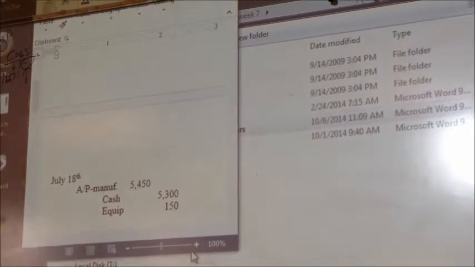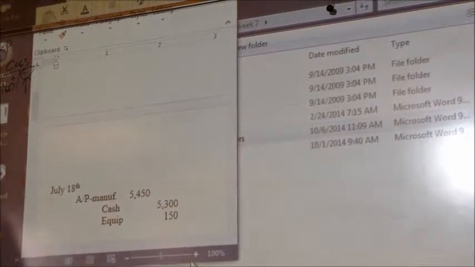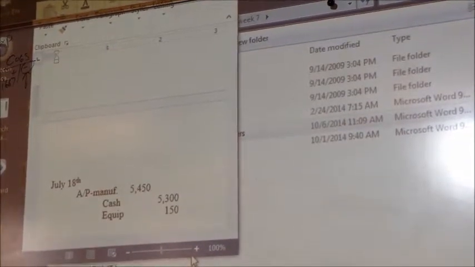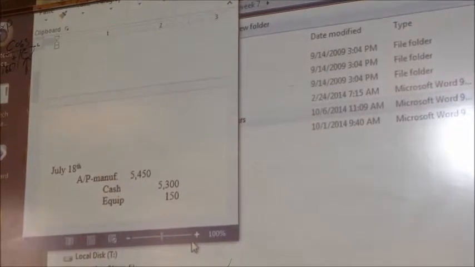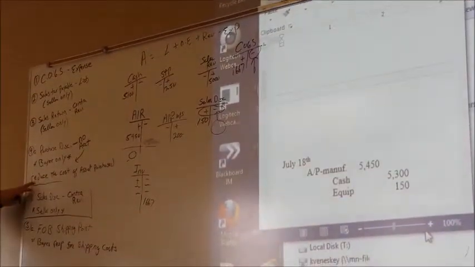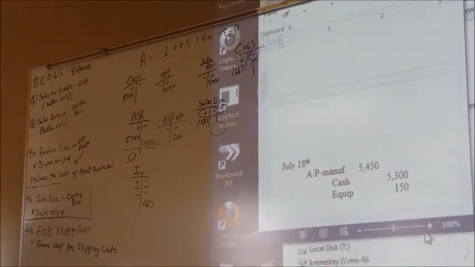They still receive a $150 discount on the base price. The base price didn't change. It's $5,000. It's a purchase discount. So I don't use purchase discount. I use the cost, whatever asset I was dealing with, in this case equipment.